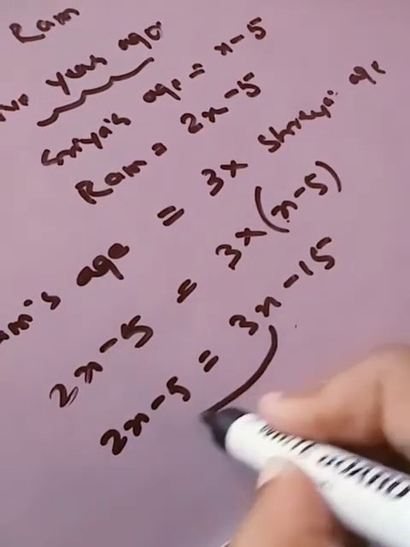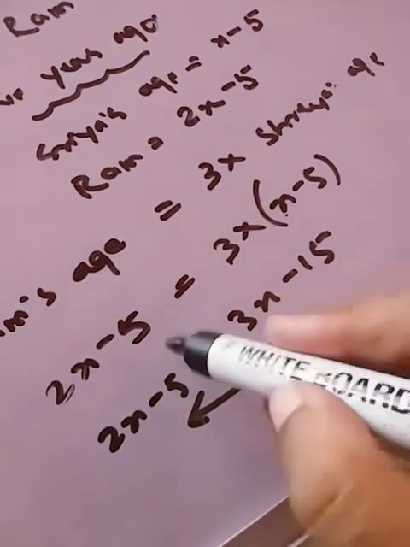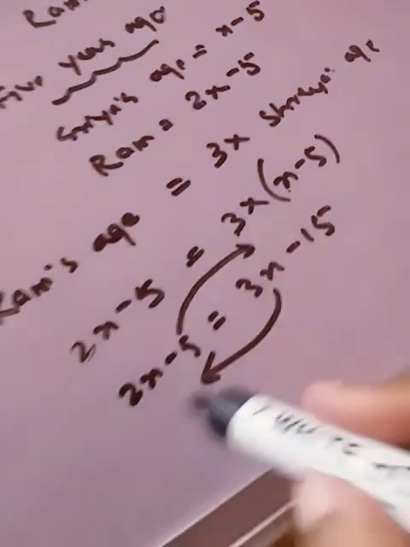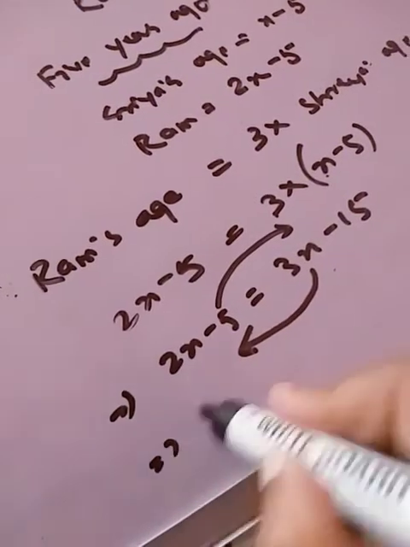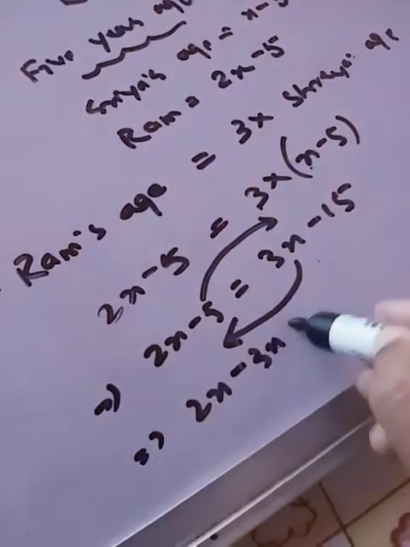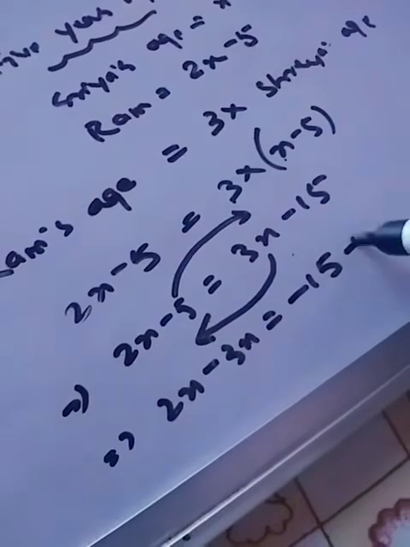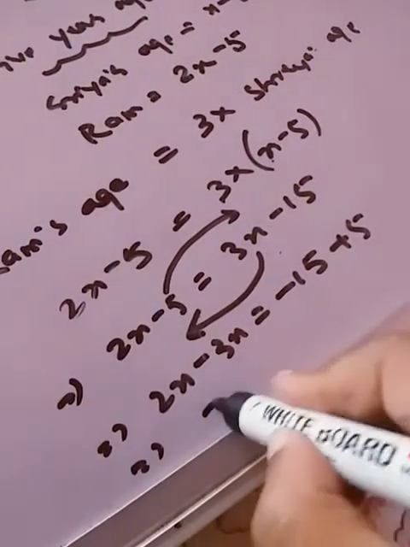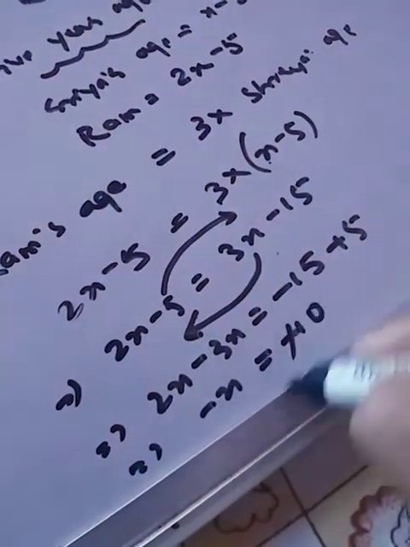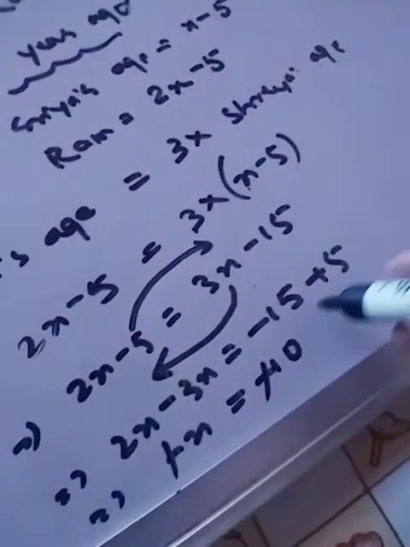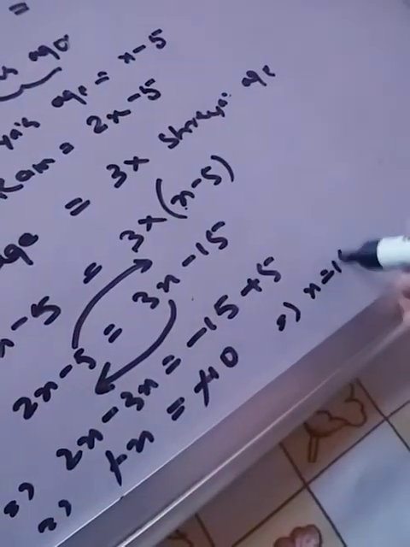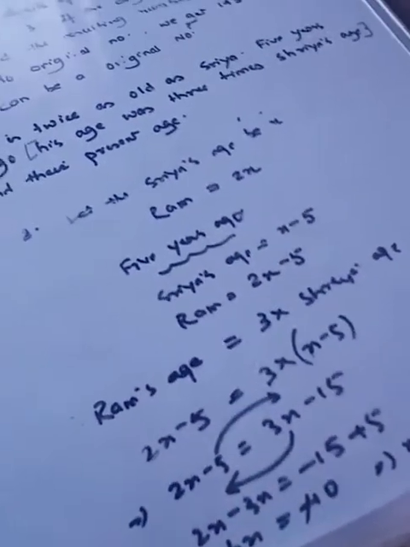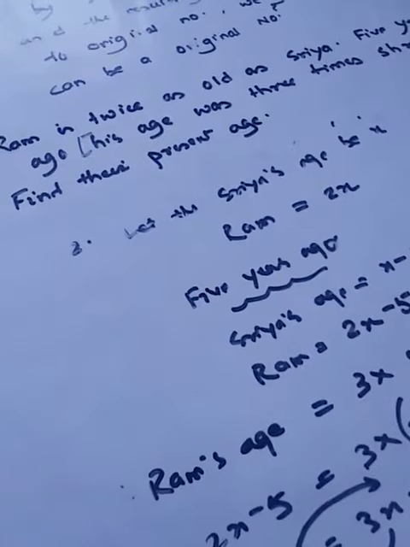Now transpose the variable terms towards the left hand side and constant terms towards the right hand side. So 2x minus 3x equals minus 15 plus 5. So the answer is minus x equals minus 10. Cancel the minus sign, so you get the value of x as 10. Okay, so what is the objective?